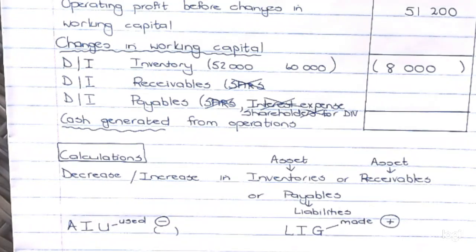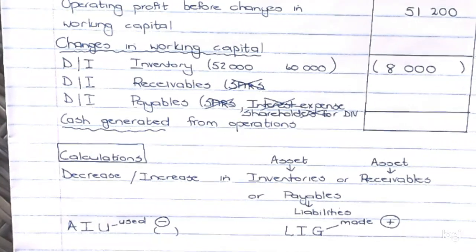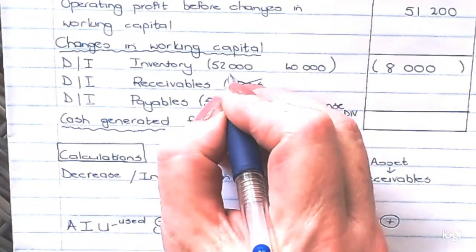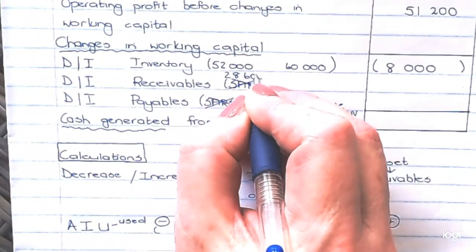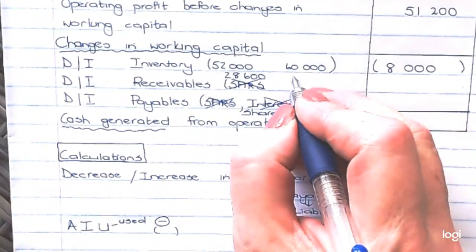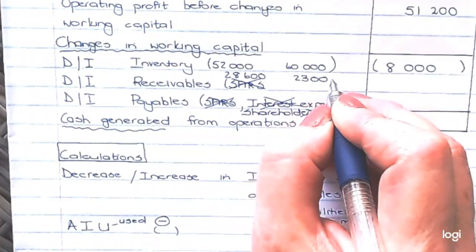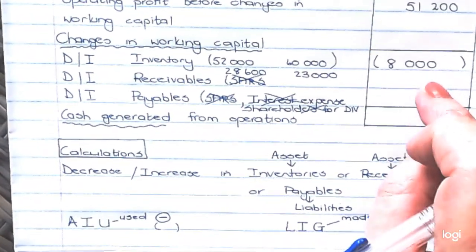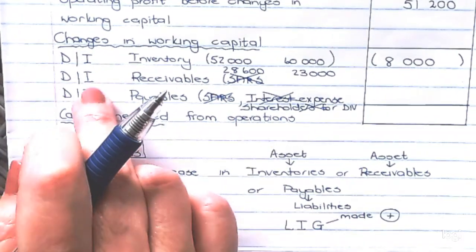And the amount that we are dealing with is from 28,600 at the beginning. It has now gone to 23,000. Now, what do I do? Is it a bracket or no bracket? We need to establish has it decreased or increased.